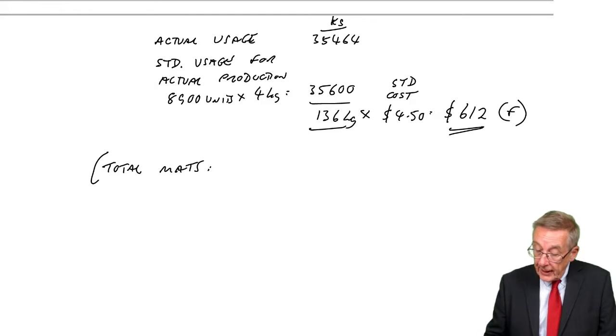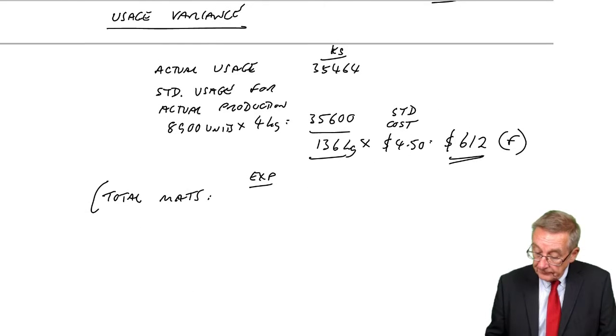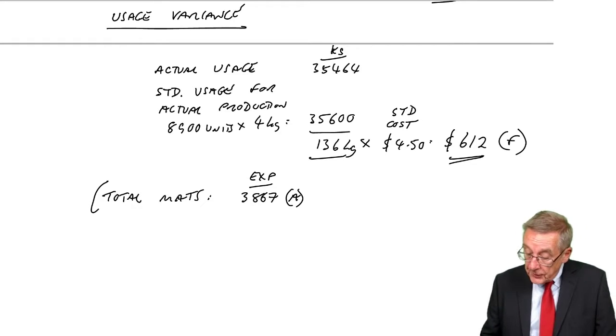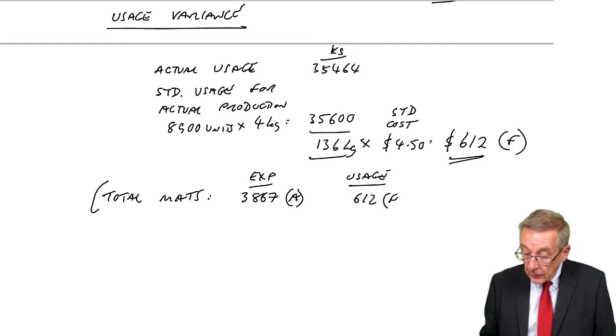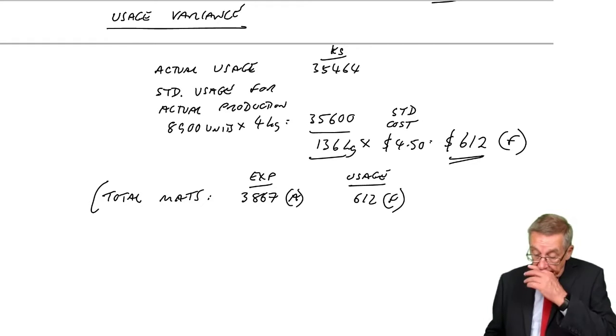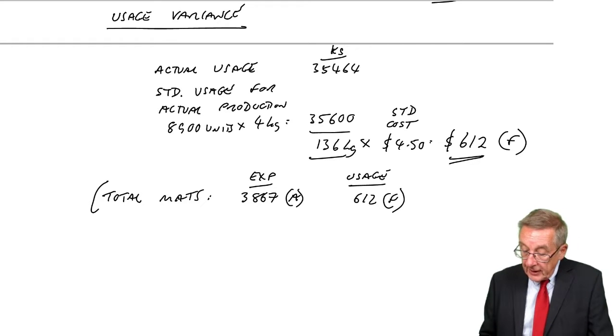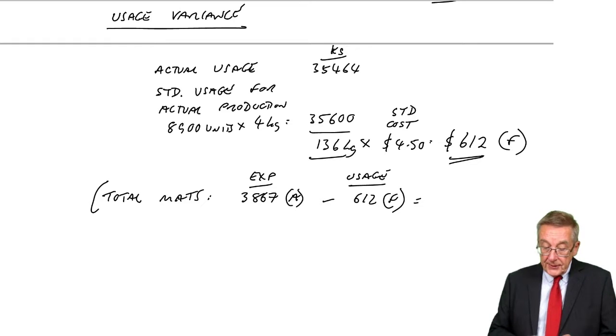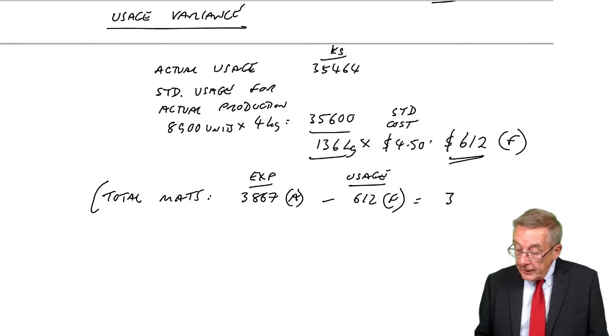I said that the expenditure variance, we'd overspent by 3867. In addition, we'd got the usage variance, 612, but that's favourable. And so the net variance: 3867 adverse, 612 favourable. The net variance, 3255 adverse.